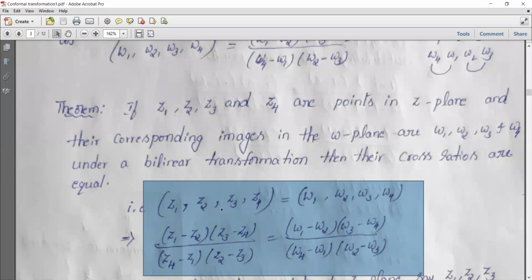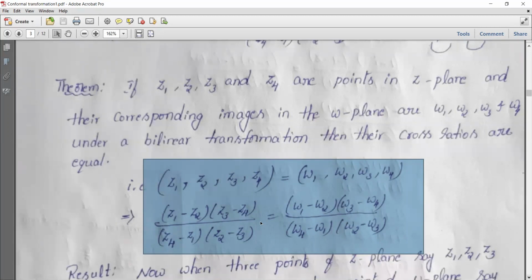So Z1 minus Z2 into Z3 minus Z4 by Z4 minus Z1 into Z2 minus Z3 is equal to W1 minus W2 into W3 minus W4 by W4 minus W1 into W2 minus W3.